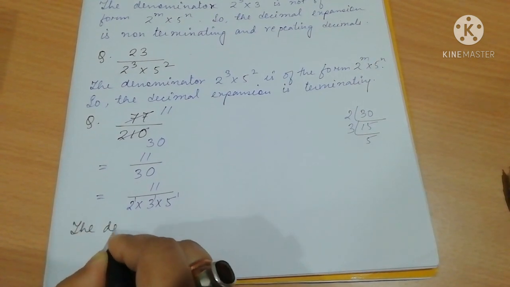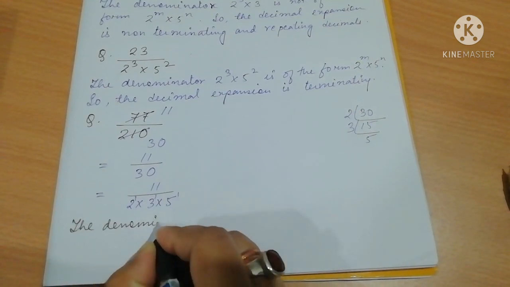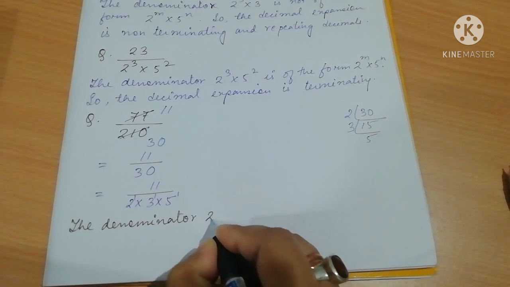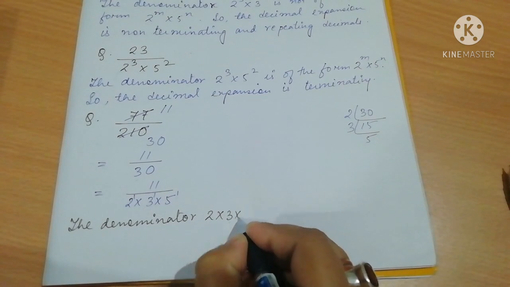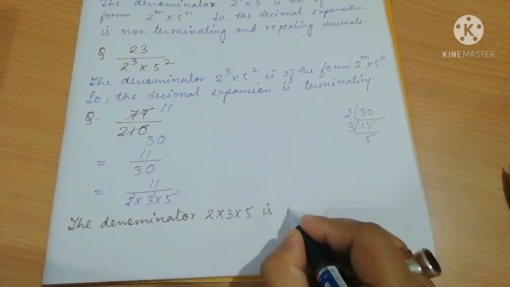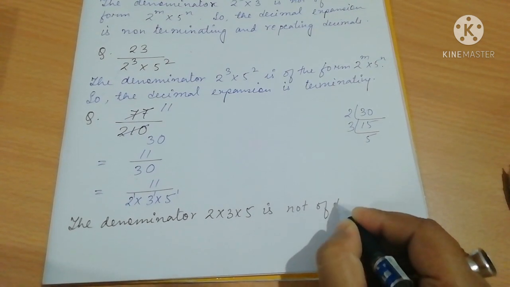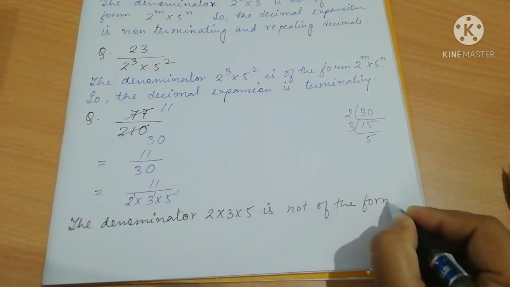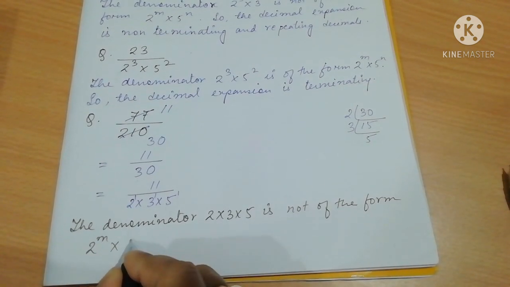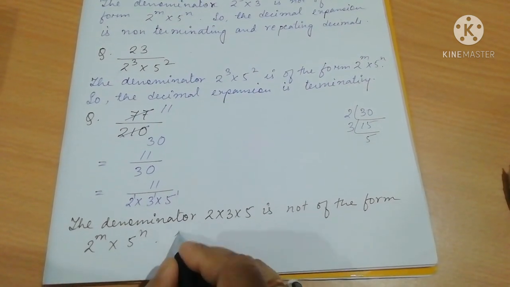The denominator (2 into 3 into 5) is not of the form 2 to the power m into 5 to the power n.